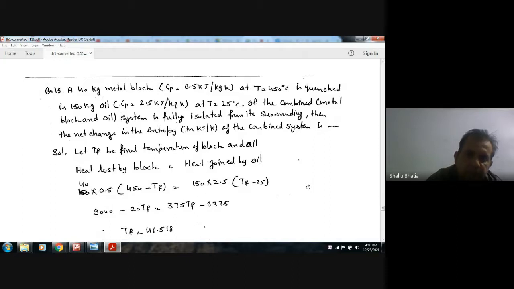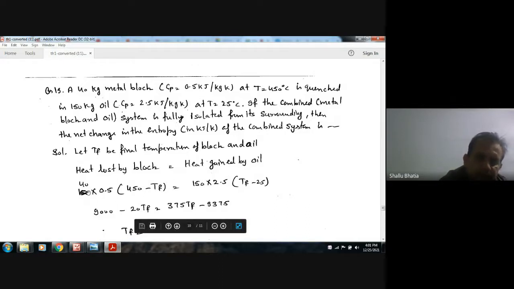Okay, now the combined system is fully isolated from the surroundings. Now let Tf be the final temperature of the system, meaning the final temperature of the block and the final temperature of the oil. Then the heat will be lost from the block and heat will be gained by the oil. So heat lost by the block is equal to heat gained by the oil.